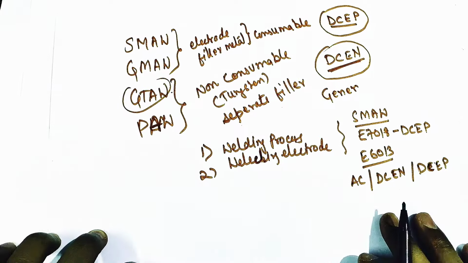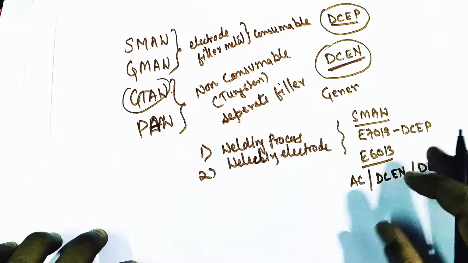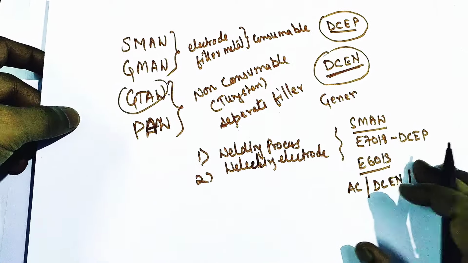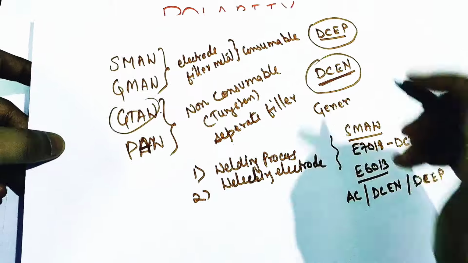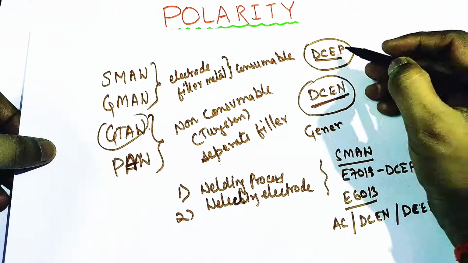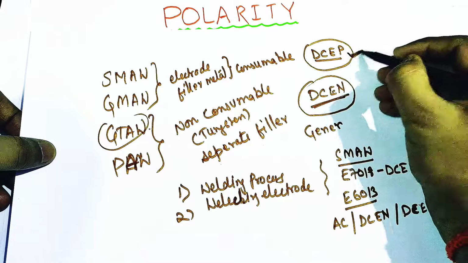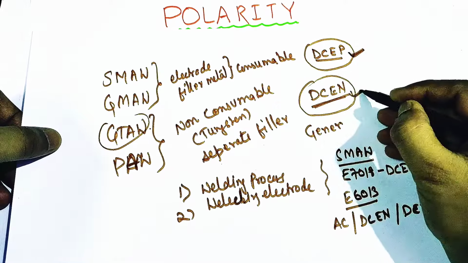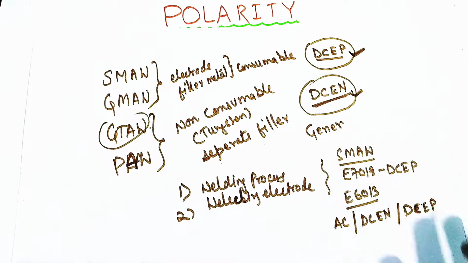So likewise, depending upon the electrode and welding position, we can use the polarity. But as a general rule, if asked any time during an interview, then you have to say that DCEP is used in other popular arc welding processes, whereas DCEN polarity is used in TIG welding processes.